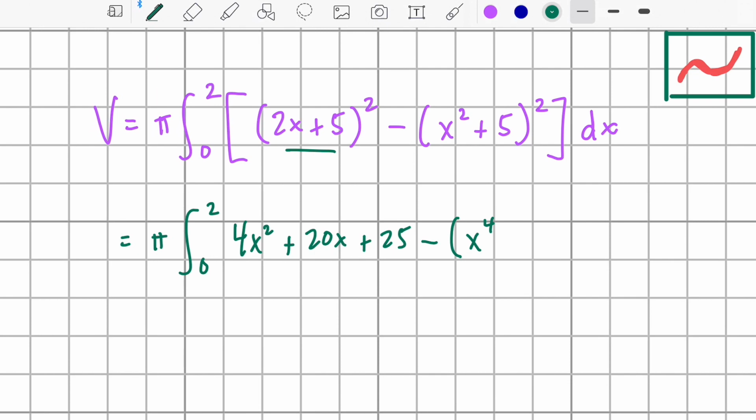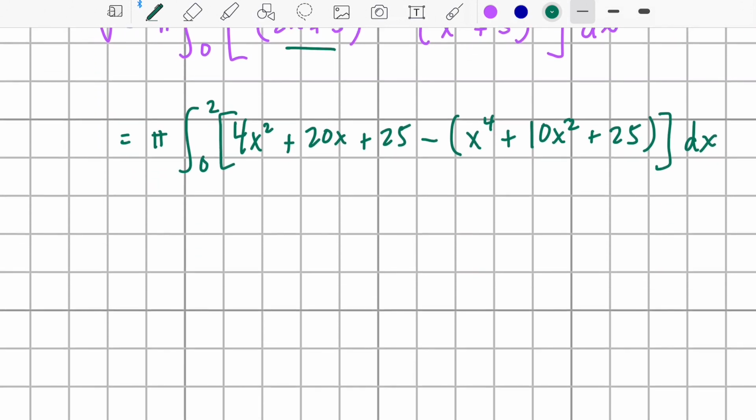It'll give me x to the 4th plus 10x squared plus 25, with respect to x.